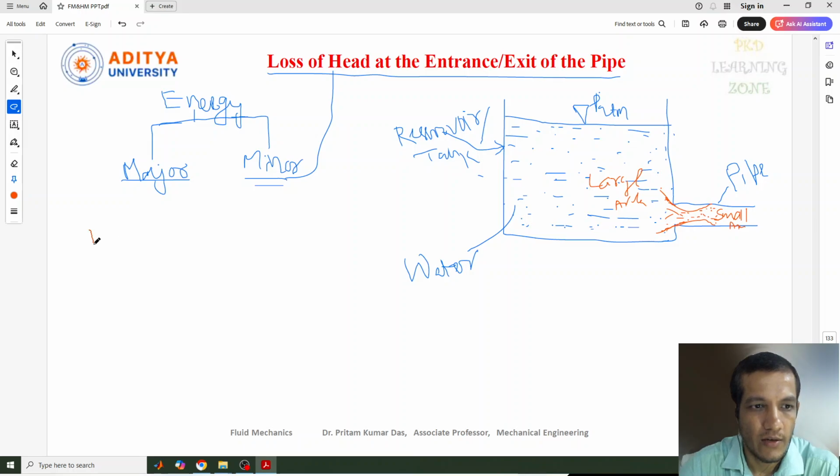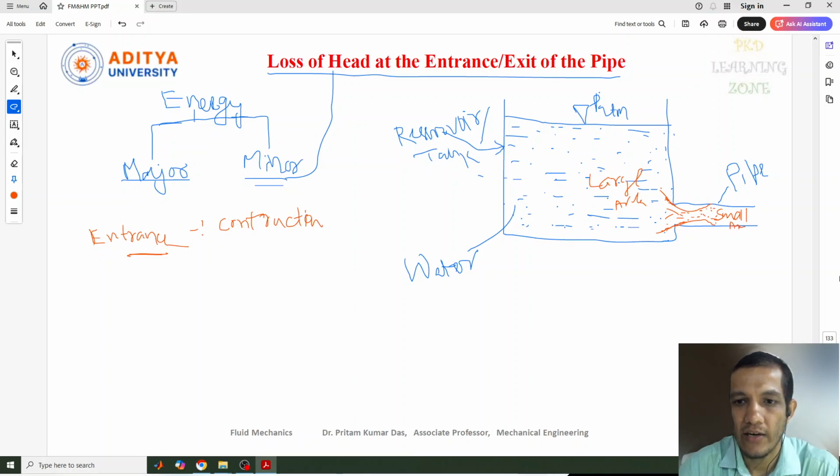So first, for the entrance case, the loss of head due to the entrance will be considered as for the sudden contraction in the pipe. This one we have already discussed previously. So for this also we know what the head loss is. We can consider the head loss due to the sudden contraction at the entrance.